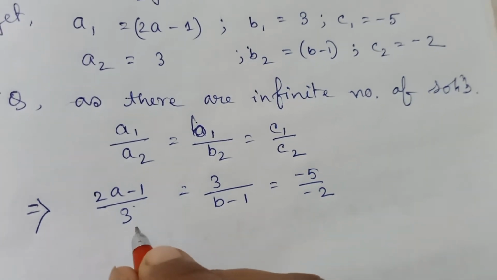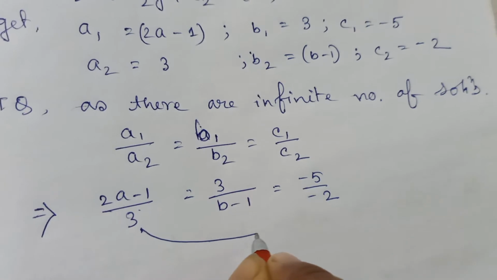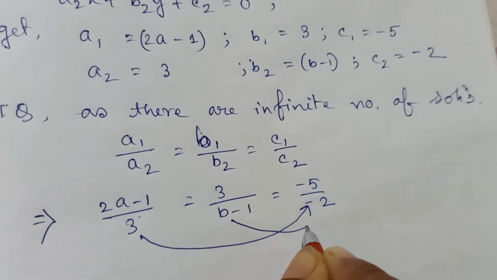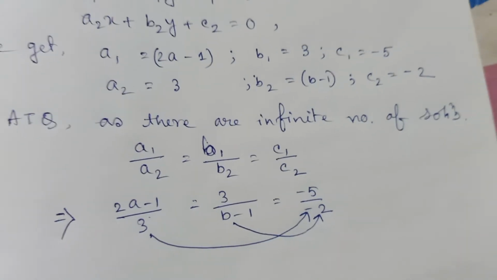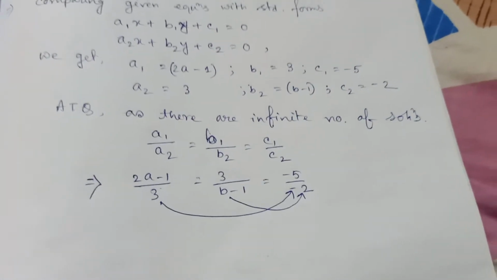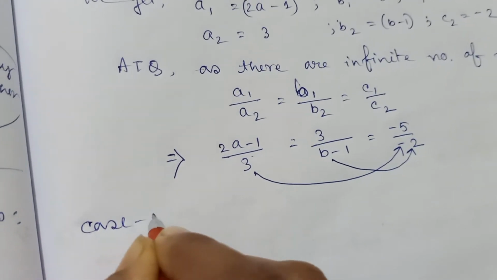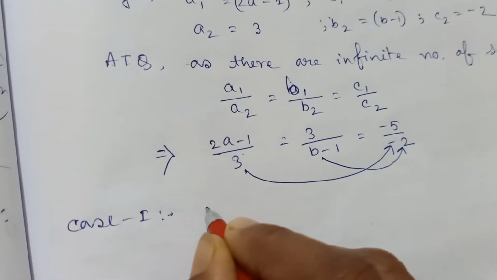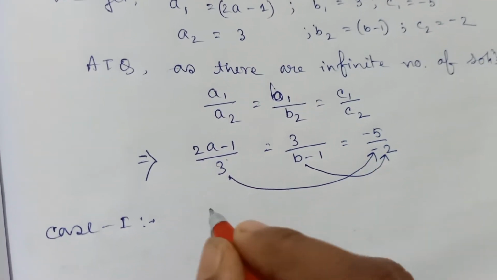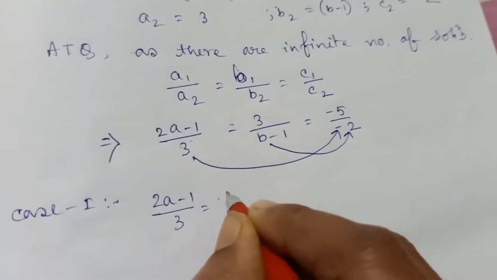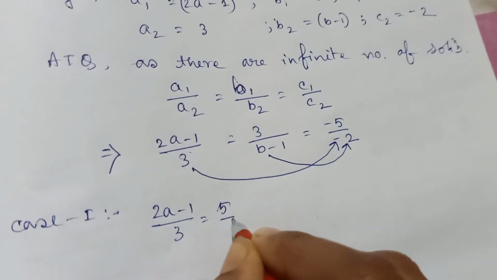So our trick will be to take first and third, and second and third. So case 1. Case 1 is first and third, that is 2a minus 1 divided by 3 equals minus 5 by minus 2, that means 5 by 2.